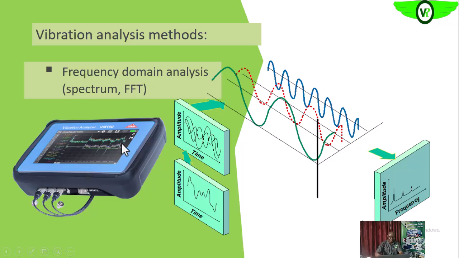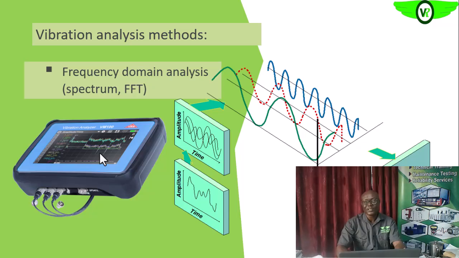Remember, we said earlier that you can toggle between the waveform and the frequency on the vibration analyzer. In some of these vibration analyzers, you can see the waveform and the spectrum at the same time, and then make sense right there in the field of what is happening.